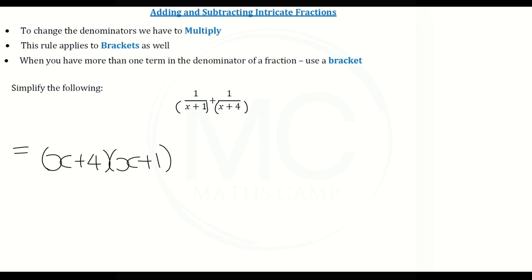To get a denominator with an x plus 4 in this denominator over here, we had to multiply it by x plus 4. So we multiply the numerator by x plus 4, and we get 1 times x plus 4. Now for our second fraction, we had to multiply by x plus 1. So we're going to say 1, let's multiply by x plus 1 in the numerator.